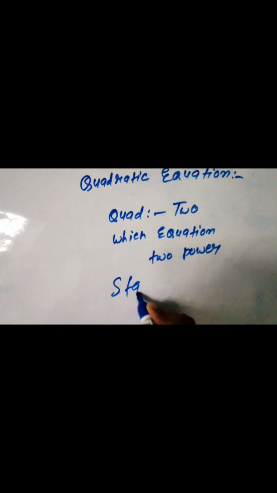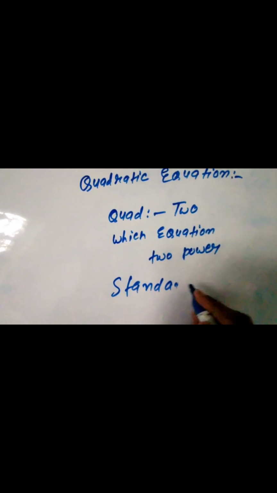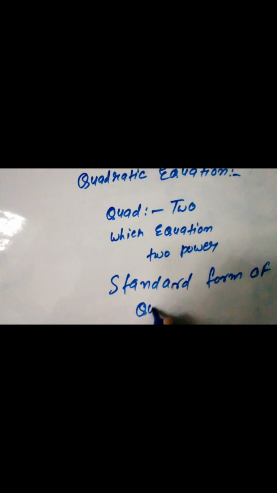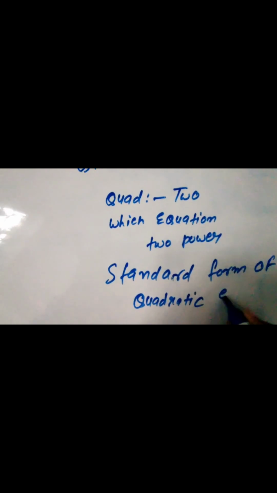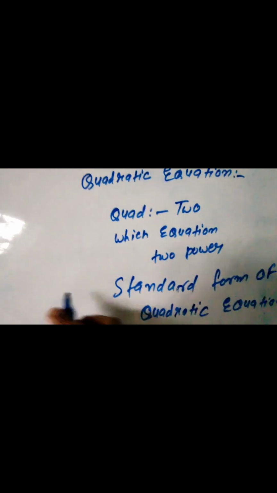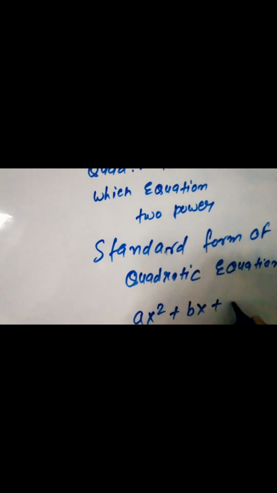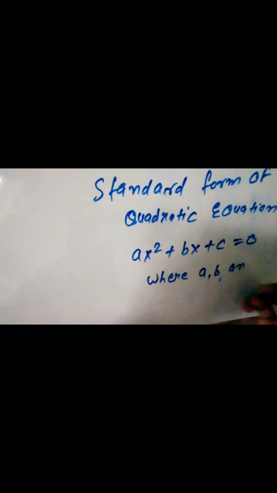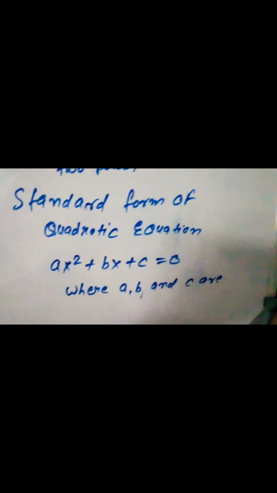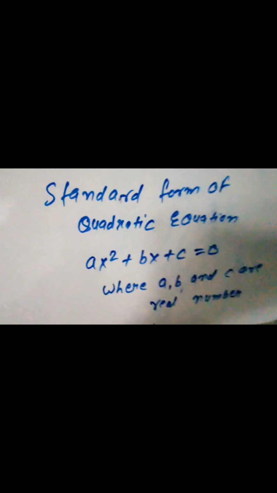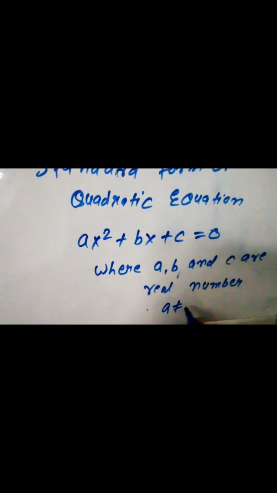Now the standard form of a quadratic equation: ax square plus bx plus c equals 0, where a, b and c are real numbers, where a is not equal to 0.